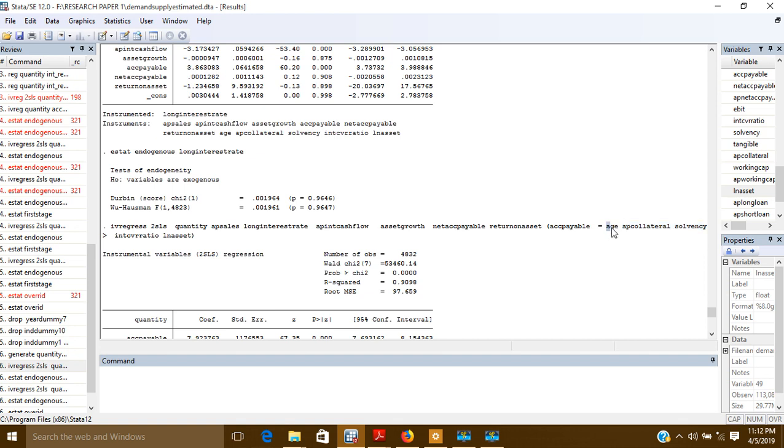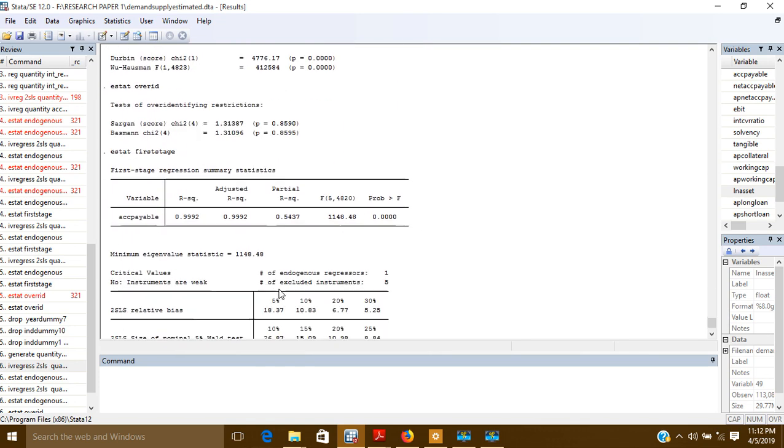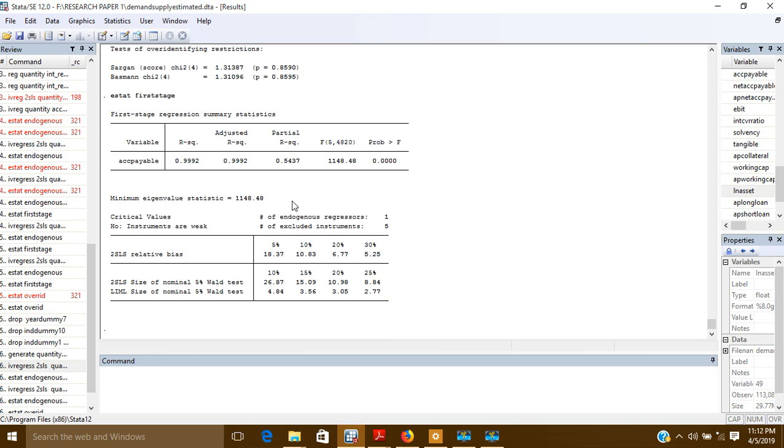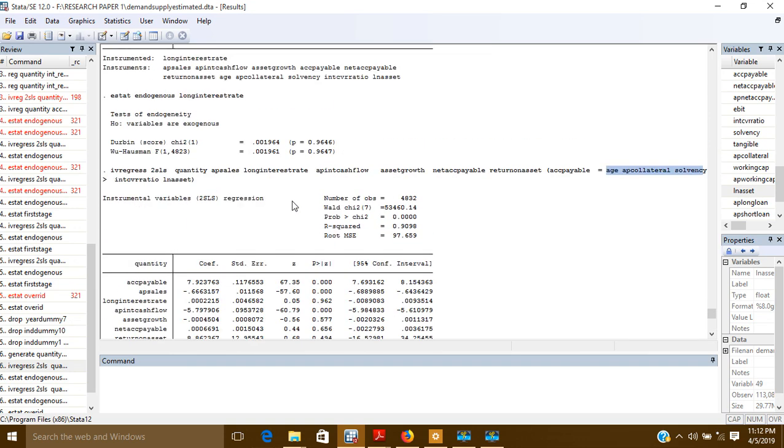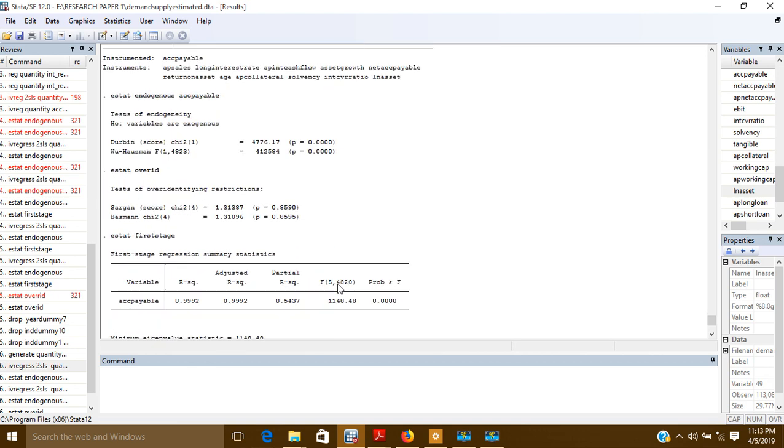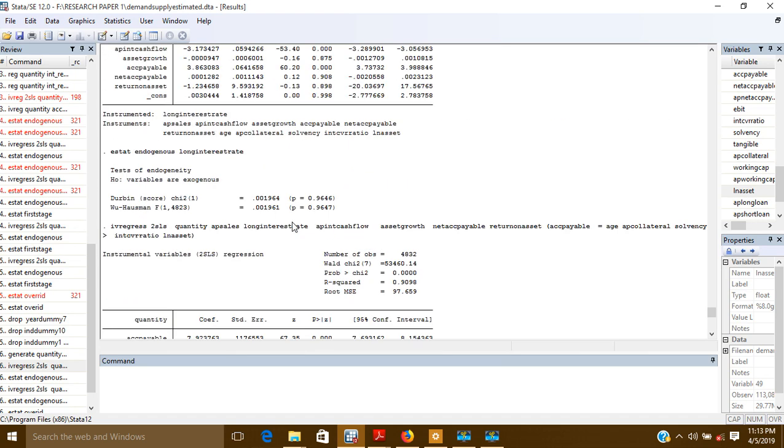First, whether these instrumental variables are correlated with the error terms or not. For that we did the overidentifying test, and in the overidentifying test also we got insignificant p-values, which indicates that they are not correlated with the error term, which is good.